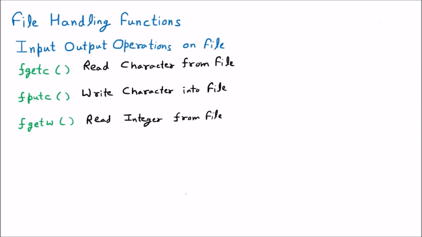I'm taking one example to make you understand. Let us suppose that we are having a file. This is the file, and this is our C program. Now here in the file you are having some kind of integer, let us suppose 7. You want to read that and put it into the program.